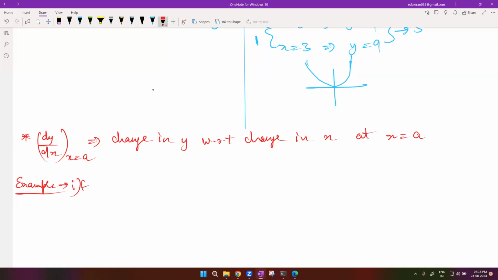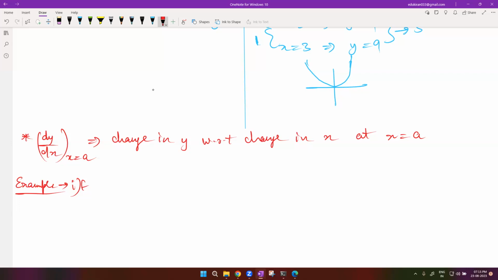Most of the formulas from the area chapter will come in handy. If you don't remember the area of simple figures, then please revise them. This will happen in today's class only. So let's start with the question.